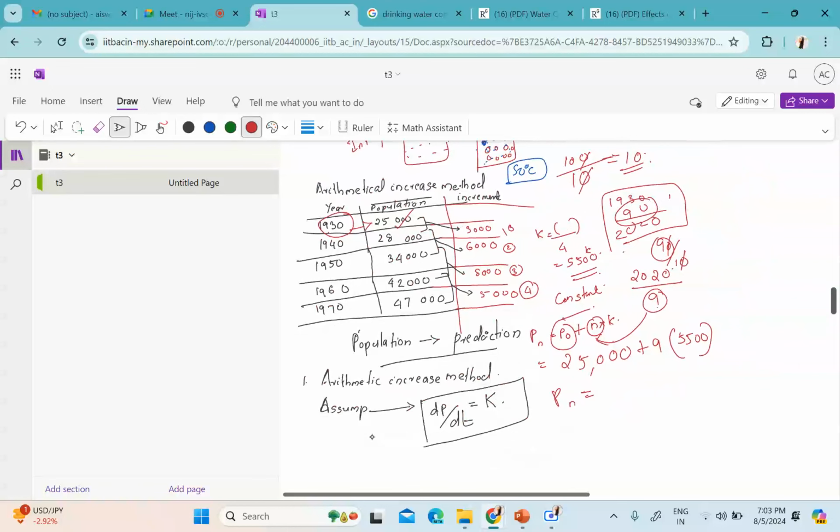Here, the initial value that we have to take, in this question, is that we have data till 1970. So once you calculate this k value, you keep it, and then you consider the last year which is given. That is the initial value, which is 47,000.